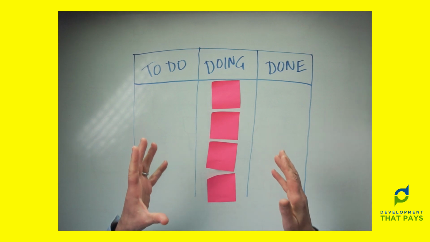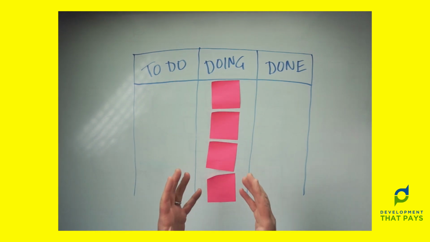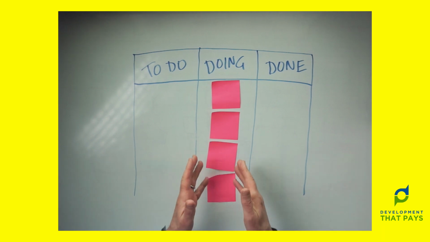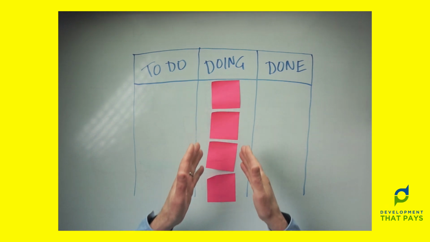And that's a problem because we end up with a situation where things hang around a long time in the doing column, the very opposite of the single piece flow that I described before. And here's one thing that I can't easily represent on this physical board, but some electronic boards can do, and that is to indicate the age of cards.